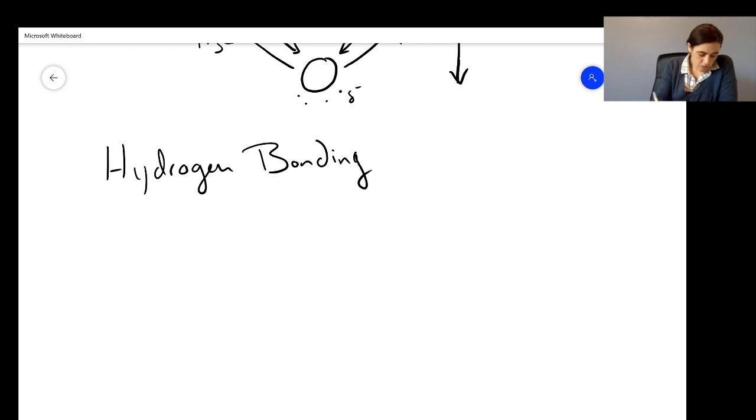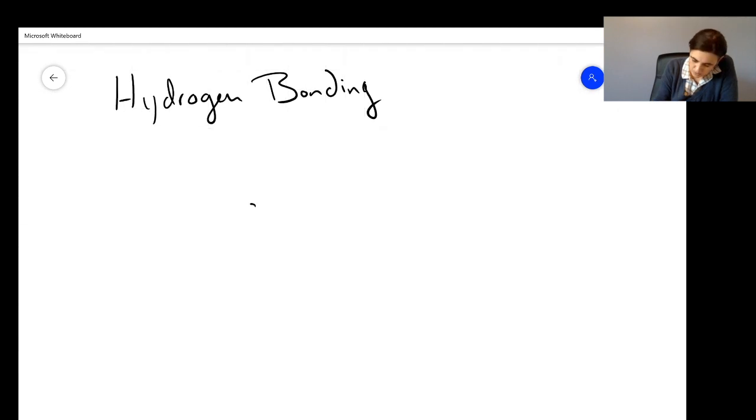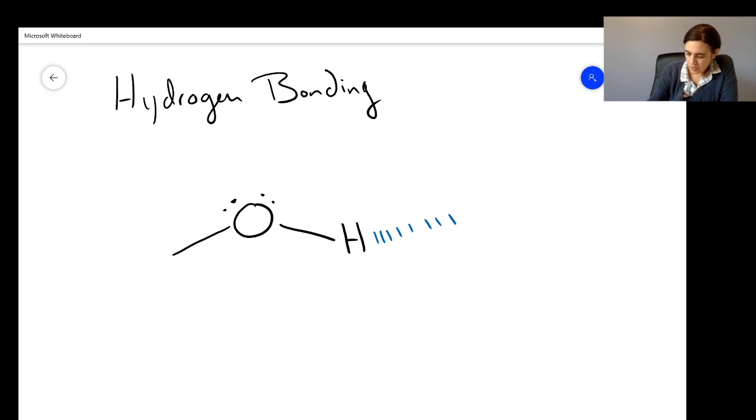So if we look at our alcohol, again, I'll just draw it here. This electron deficient hydrogen can interact with the lone pairs on another oxygen in a favorable way.